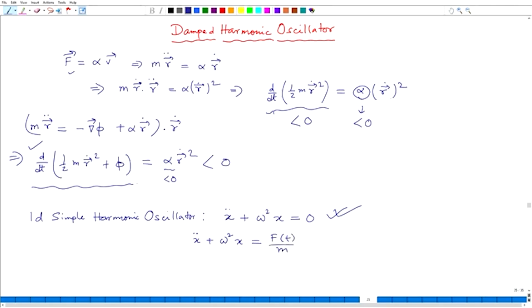Okay. And so, this is with forcing, and finally, if you want a drag force, then what you can do, this times some, plus omega square x. Okay.